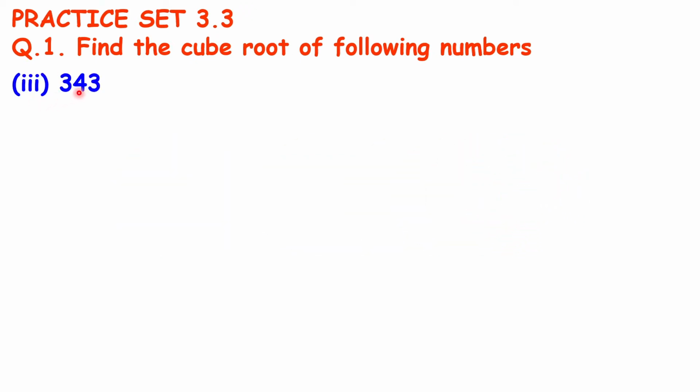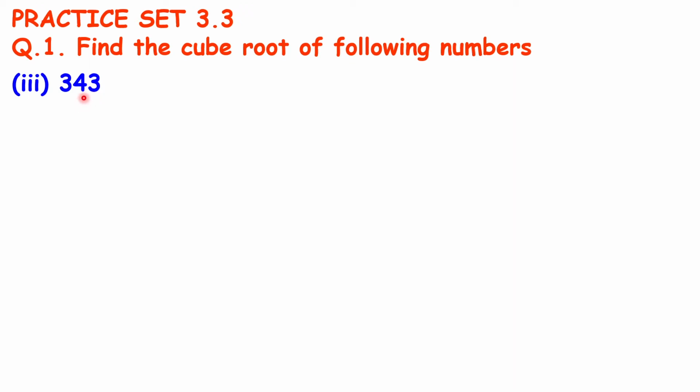Example 3: 343. We can find the cube root of the given number by factorization. So first we factorize the given number. If we observe the number 343, the digit at the unit place is 3, so it is an odd number.